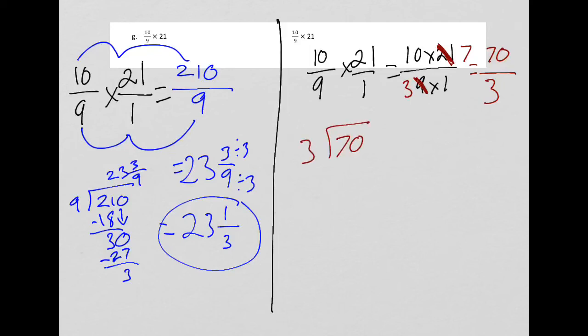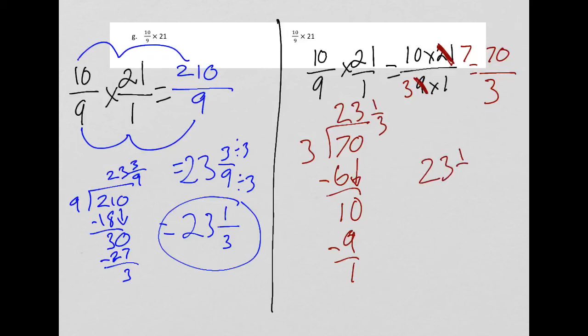It's not a perfectly small number. 3 goes into 10 3 times. 1/3, so I get 23 and 1/3. 23 and 1/3.